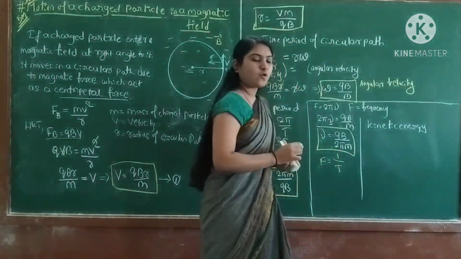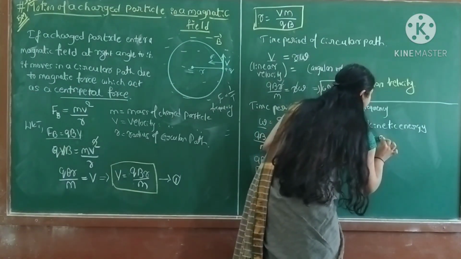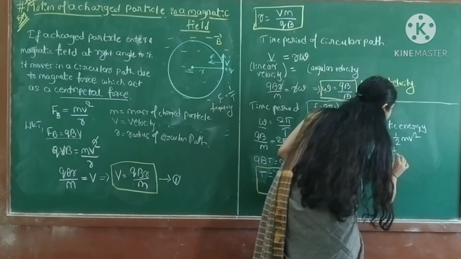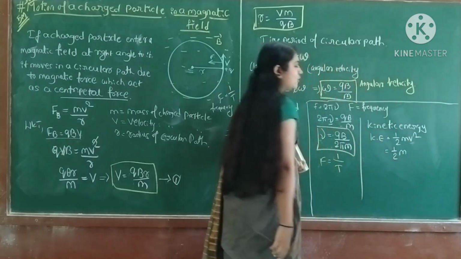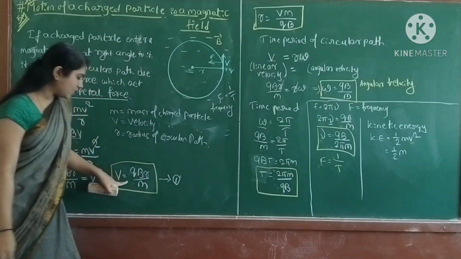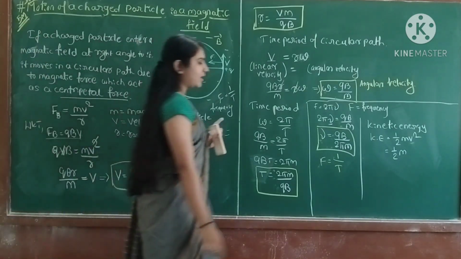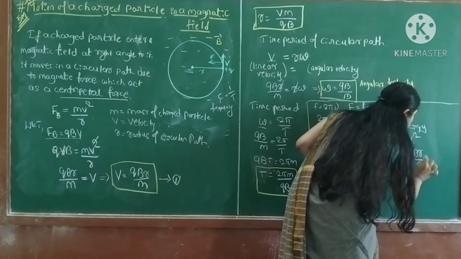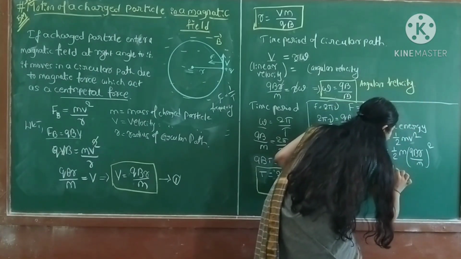Kinetic energy formula: kinetic energy is half mv square, right? Half m. What is the value of v? Here we calculated qbr by m, so qbr by m whole square. What will we get?